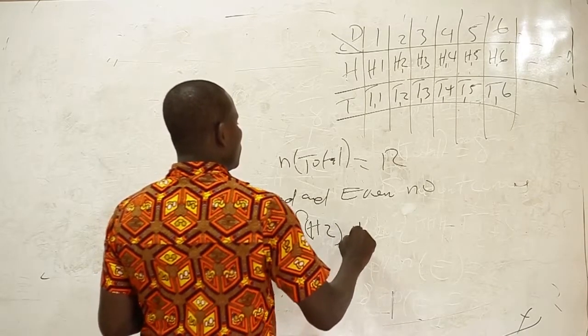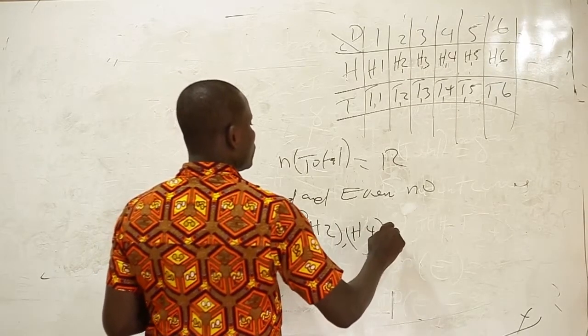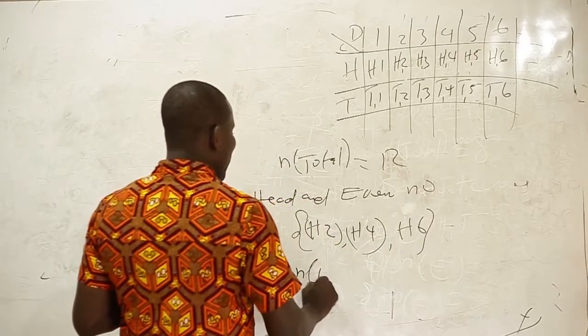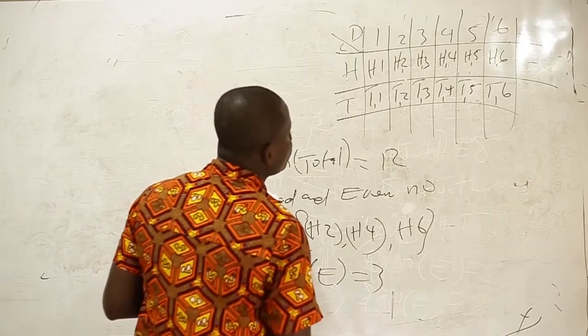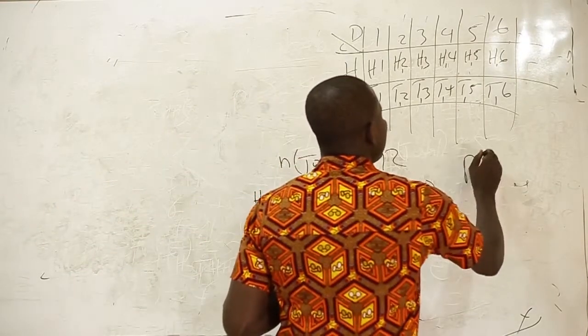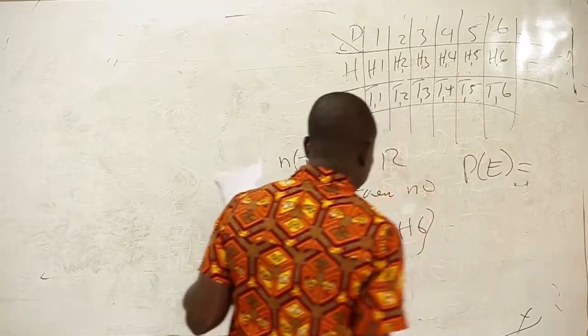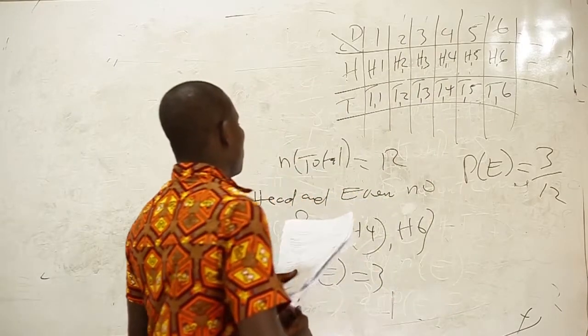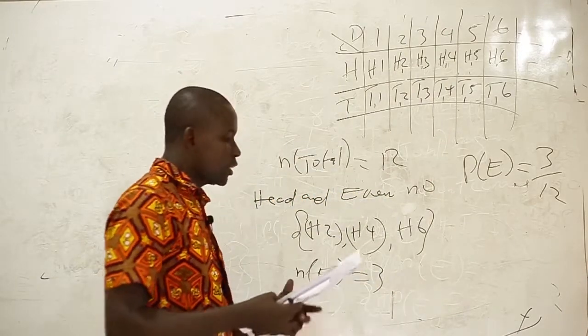H2, H4, and then H6. So an event here is going to be what? It's going to be 3. Right? So P event is going to be your 3 over 12.